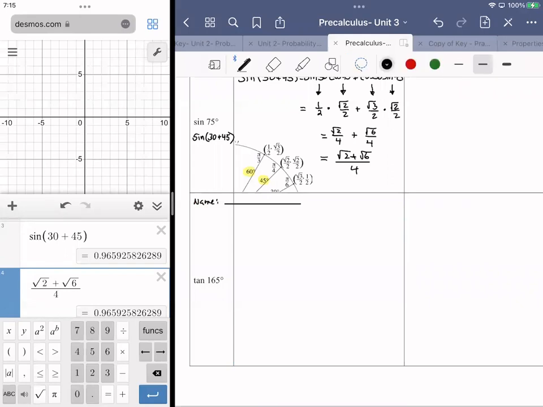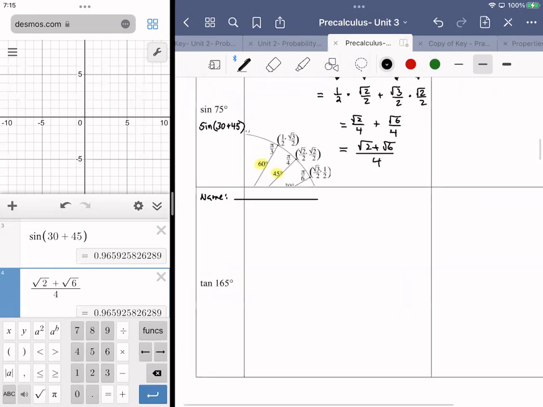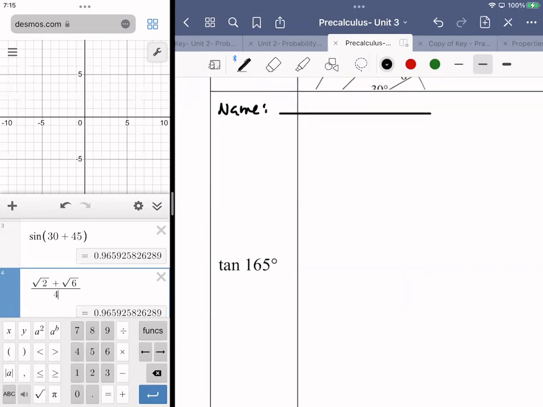So anyway, 165, same idea as 105 and 75. It's got to be the sum of two values. But before we even get into that, unless you want to go down the road of learning a new rule for tangent, we want to first think of tangent as sine over cosine.